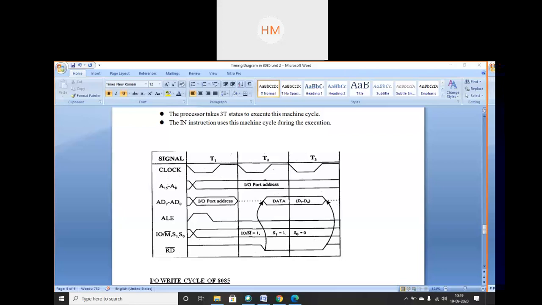Can you see the difference? So, who can explain this diagram now? Voluntarily, who can explain this diagram?